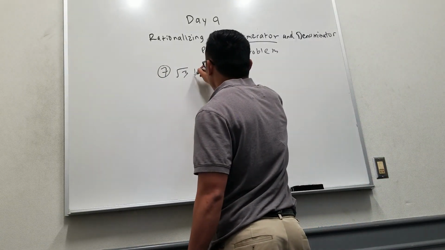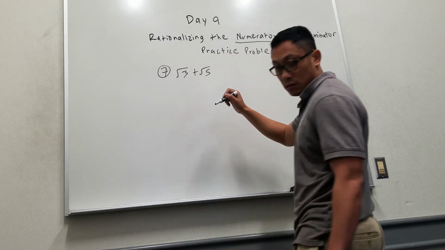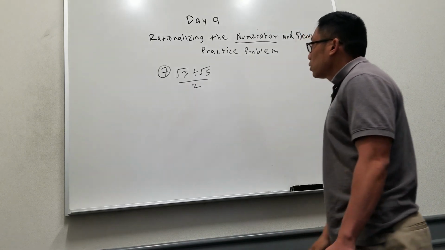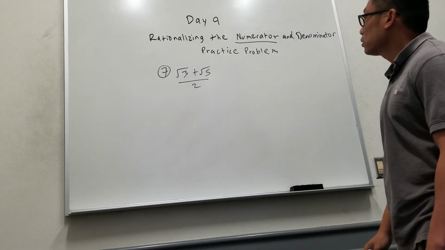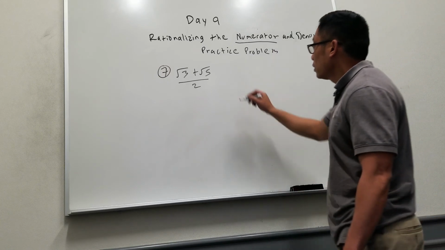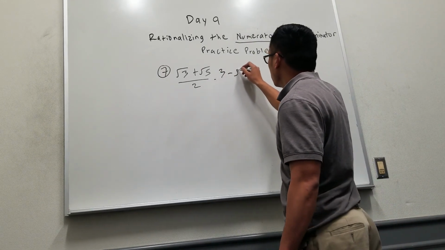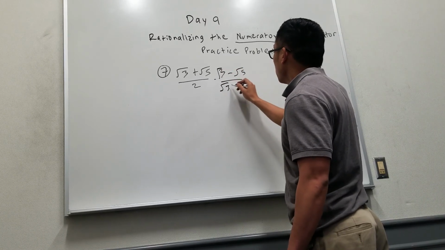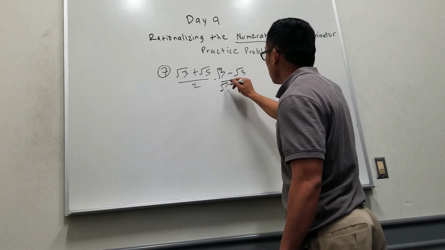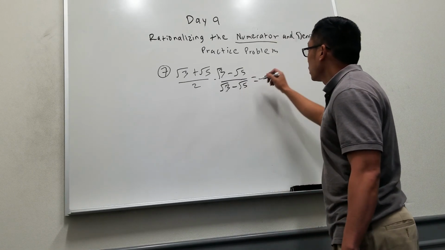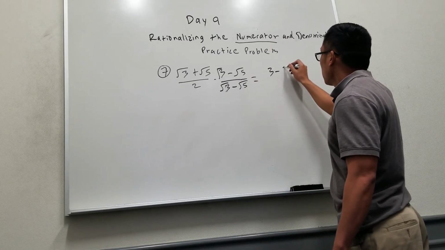Radical 3 plus radical 5 over 2. So we're going to rationalize the numerator. So I'll pause the video, try it out. So what I do, it's just going to be radical 3 minus radical 5. Right? So what happens on the top is just going to be 3 minus 5.